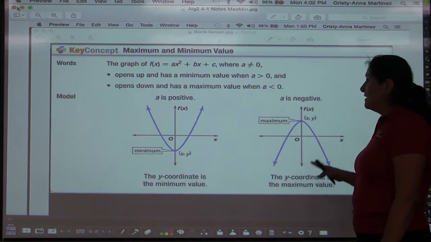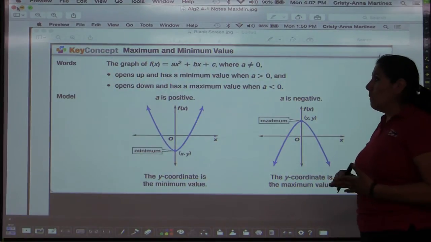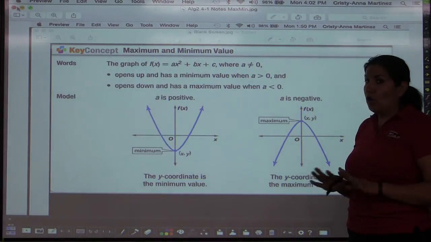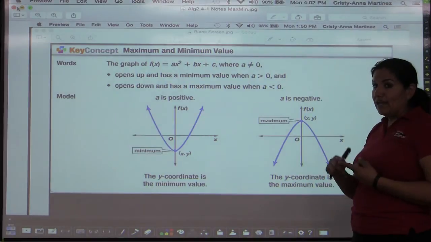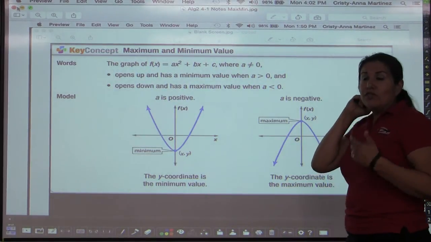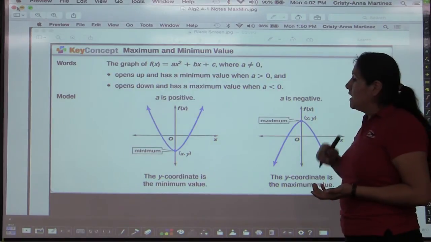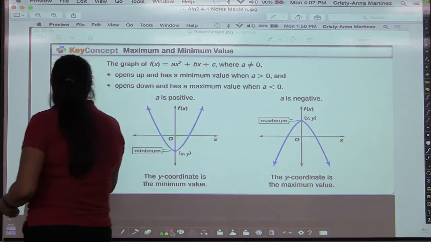The other thing that you can tell from looking at these graphs is something about domain and range. The domain of a parabola or of a quadratic is always going to be all reals. Any x value, whether it be negative, positive, or 0, can go into the function. But the question is about the range of the parabola. So for the range, you'll know that sometimes they ask you what the range is.